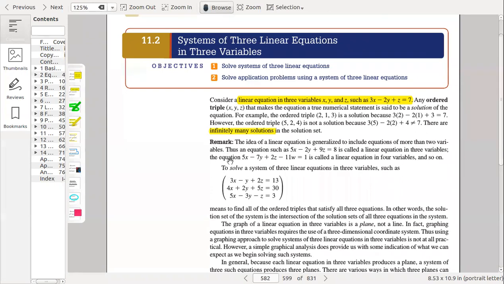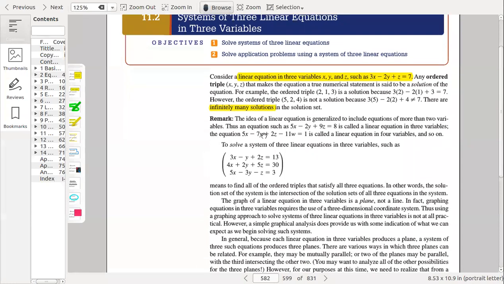Okay, so what is the remark? Main points to be noted. The idea of a linear equation is generalized to include equations of more than two variables.